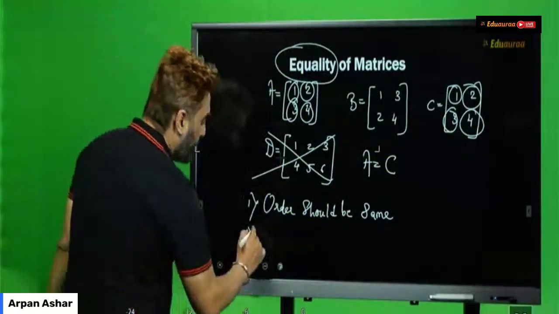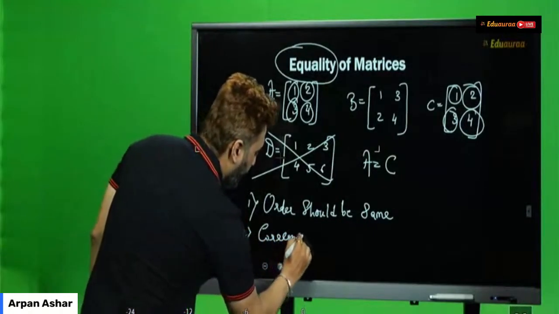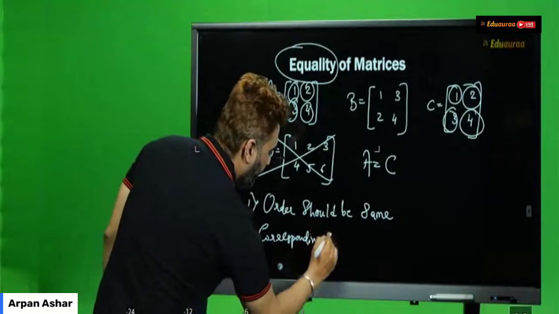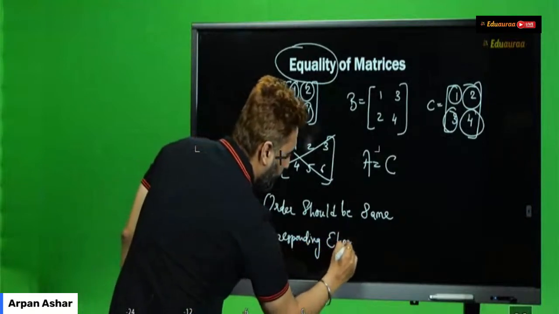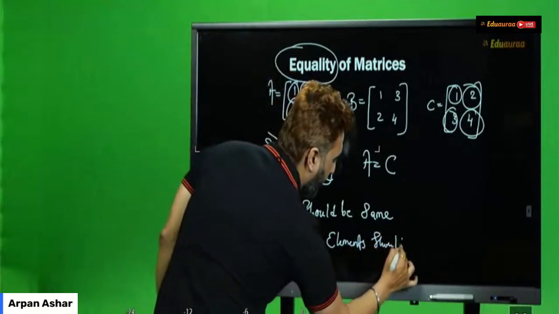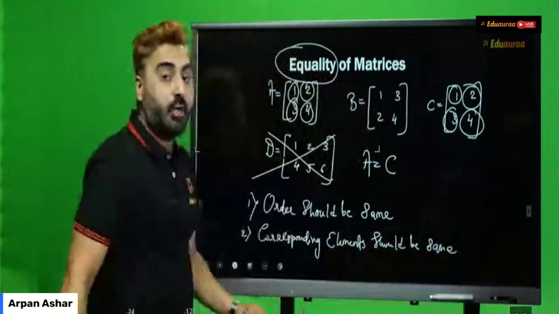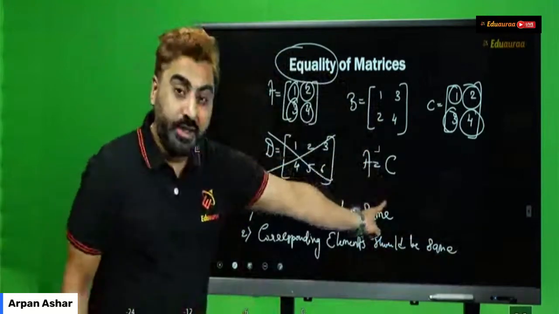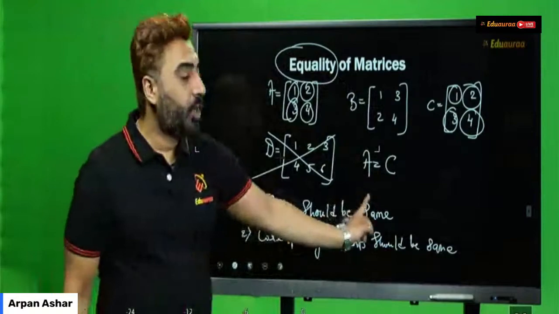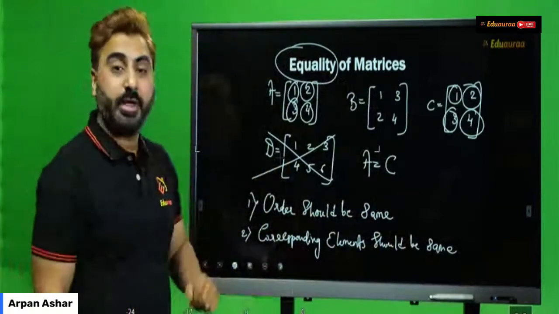The second condition will be corresponding elements should be same. So when can we say two matrices are equal? When the order is same and corresponding elements are same. So this is about your equality of matrices.